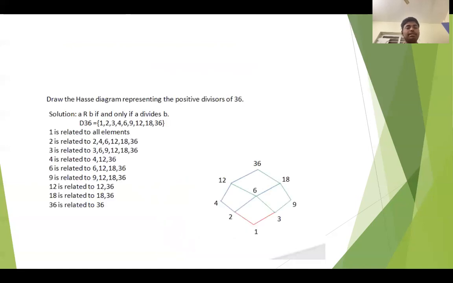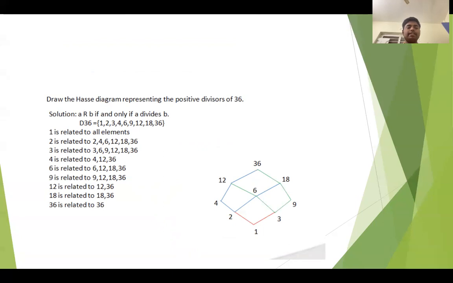Another example: draw the Hasse diagram representing the positive divisors of 36. (a, b) if and only if a divides b. Here D is the set of divisors of 36.